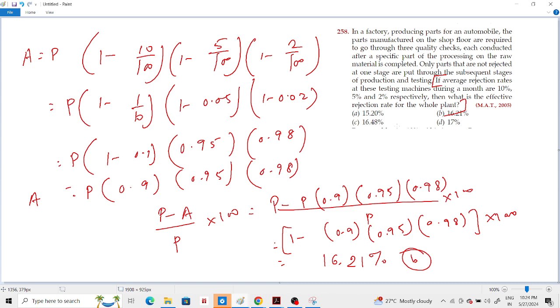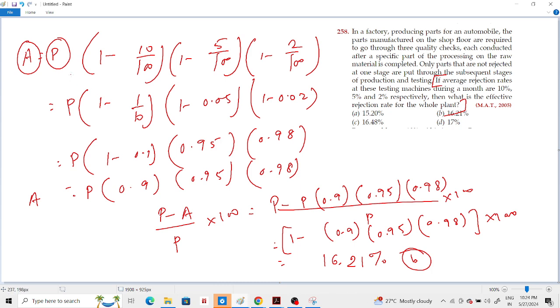So let the initial number of pieces about to pass through this testing process be P, and A be the number of pieces finally passed out. P is the number of pieces transferred to the testing machines, and A is the number of pieces that finally come out, passed by the machines.